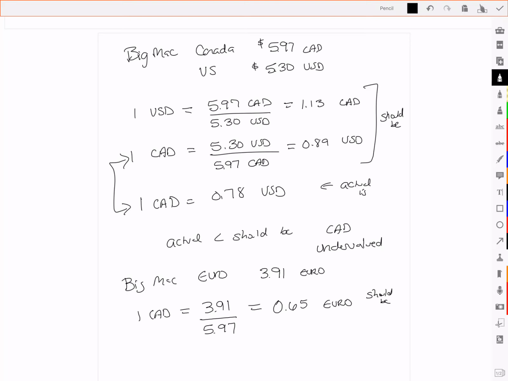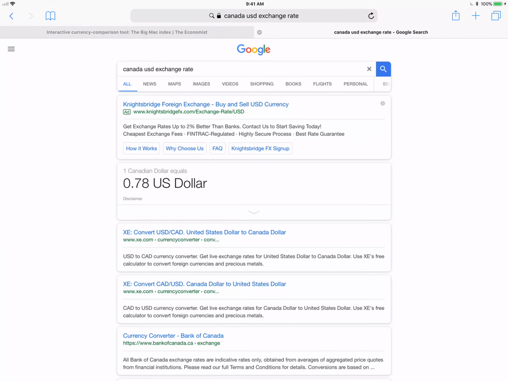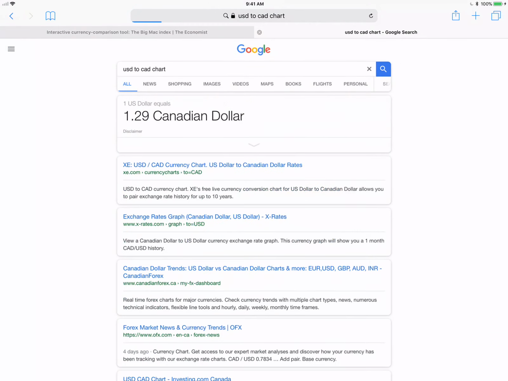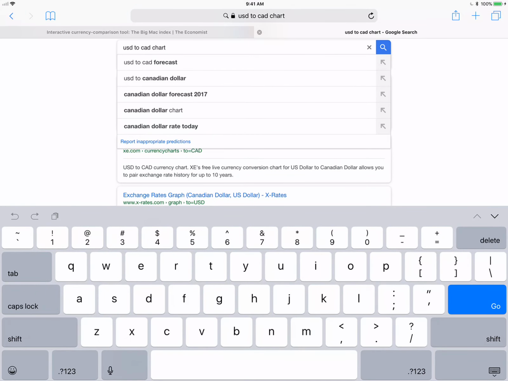Okay, what is 1 Canadian dollar actually? Let's go back to the web and look that up. So let's go Canadian dollars to euros.